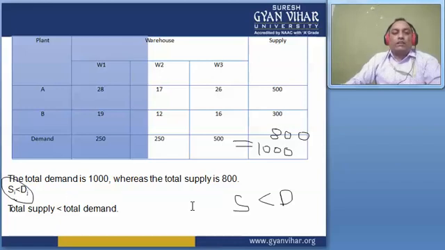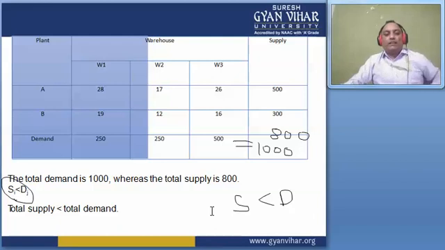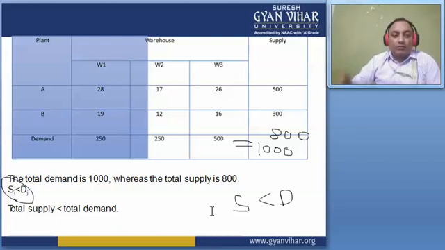So in this case, supply is less than demand. This type of problem is an unbalanced problem, where the total supply is less than the total demand.